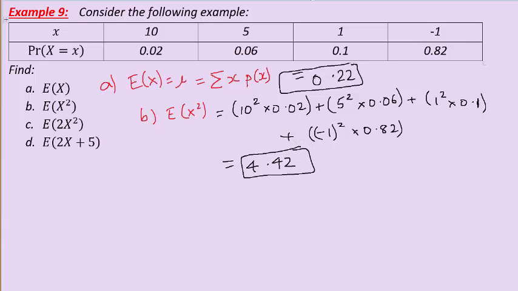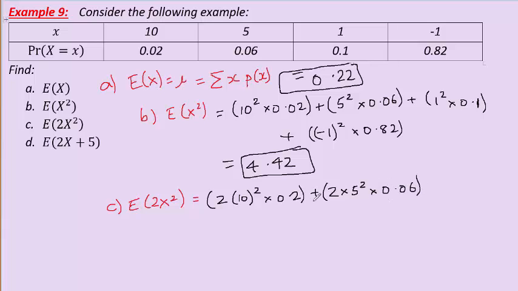The third one, C, E of 2X squared, we're going to follow the same basic process. So it's 2 times 10 squared times 0.2 plus 2 times 5 squared times 0.06, should be a 0.2 in there as well, shouldn't it?